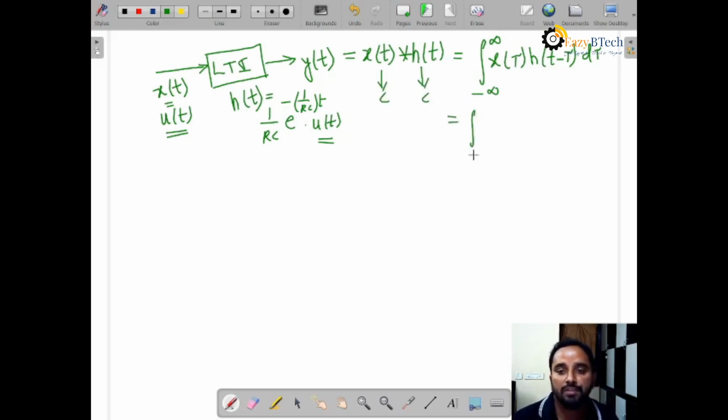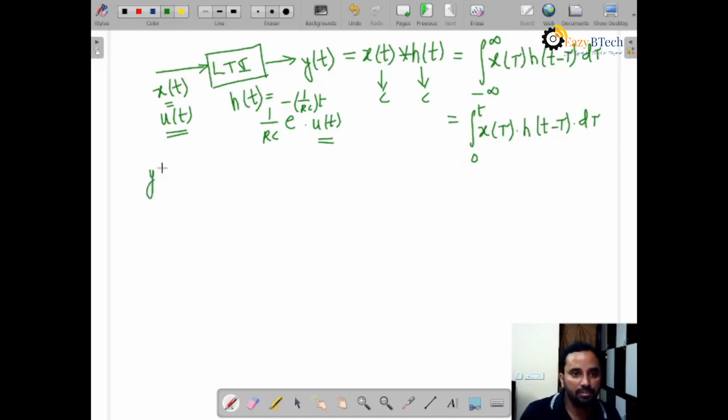Therefore the limits will become 0 to t, not from minus infinity to plus infinity. This is the reason, this we already discussed. So here x of tau, h of t minus tau, d tau. Limits are changing because both x of t and h of t are causal signals. Let's go to this integral now.